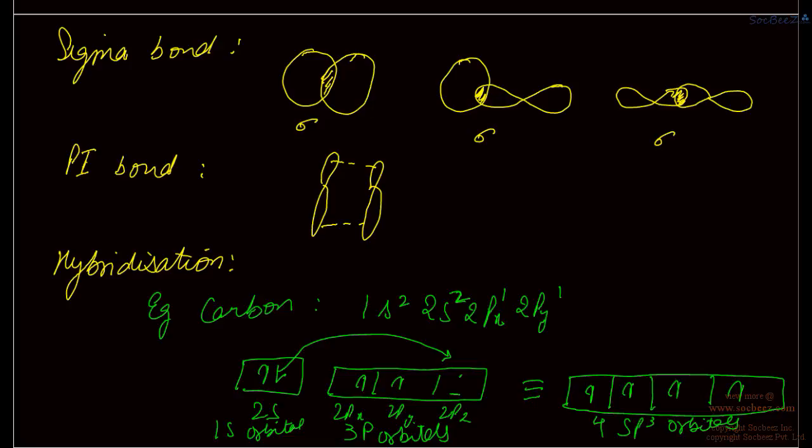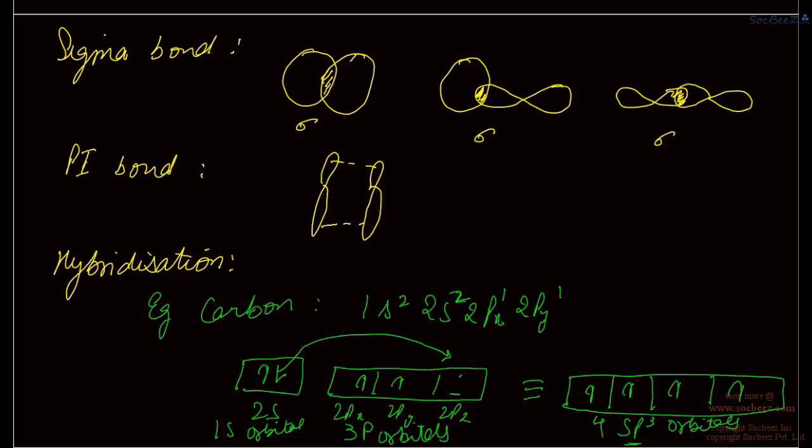So this is the concept of hybridization. In order to achieve the same energy so that they can react in a regular fashion, they intermix with each other. When 1 s orbital and 3 p orbitals intermix, we call them sp3 orbitals. Similarly, when 1 s orbital and 2 p orbitals intermix, we call them sp2 orbitals. Or when 1 s orbital and 1 p orbital intermix, we call them sp orbitals.